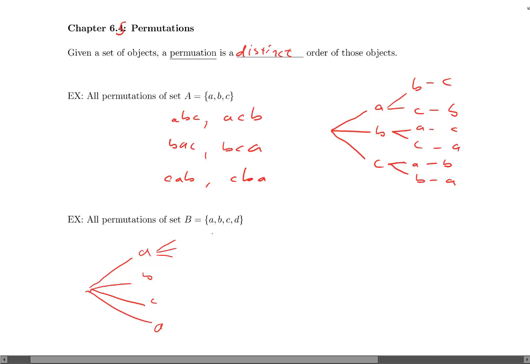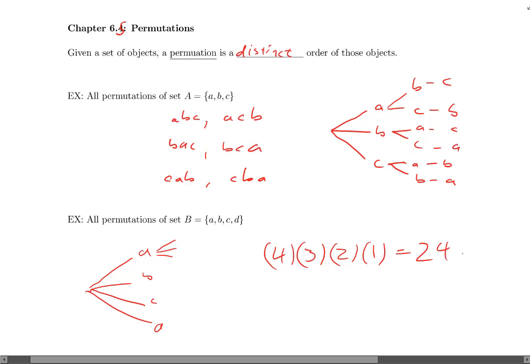So it's still the multiplication principle, but we're going to say 4 times 3, because each time you go down the line you've got one less choice. Up here you had 3, then 2 choices, and then 1, so each time you go down 1, and you end up with 4 times 3 times 2 times 1. Multiply those together, you get 24.